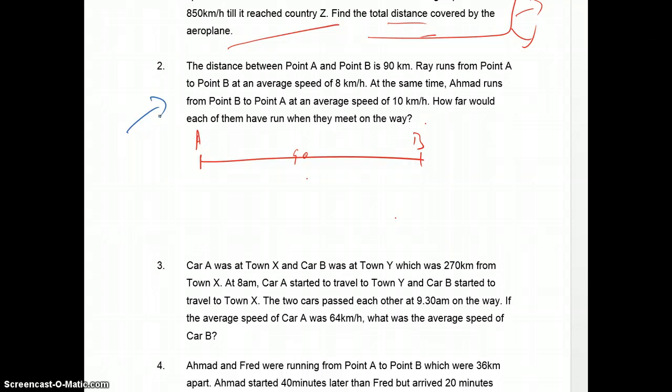So basically 8 kilometers per hour means in 1 hour he can travel 8 kilometers. And from B, in 1 hour he can travel 10 kilometers. So that means if you look carefully, in 1 hour both can travel 18 kilometers.